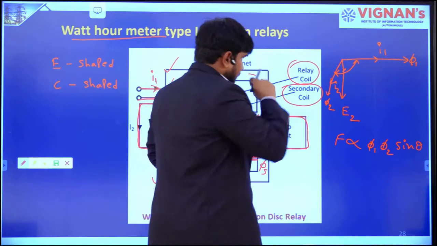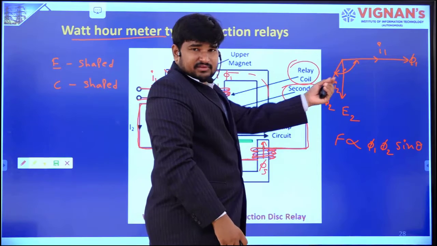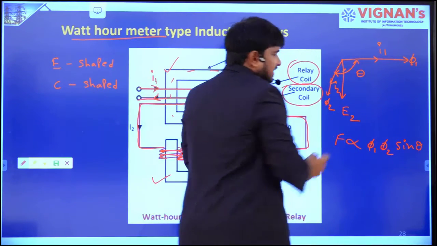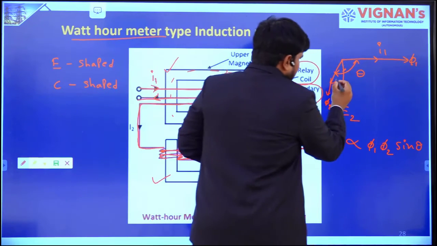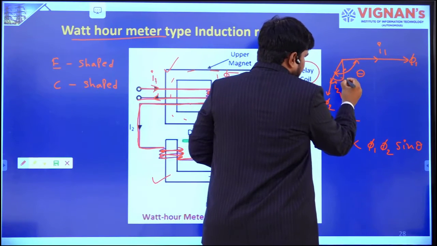Here, if you observe, theta is greater than 90 degrees, right? For example, I am assuming the angle between E2 and I2 is beta.